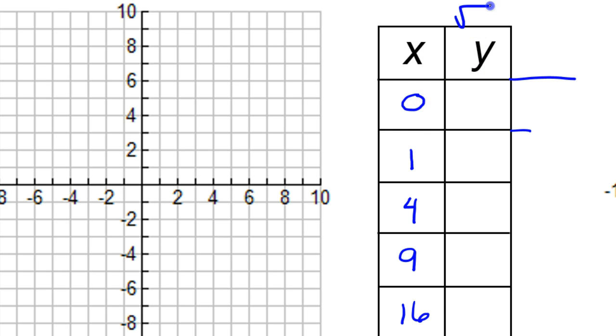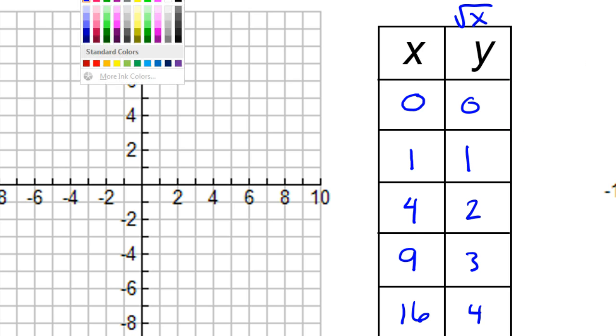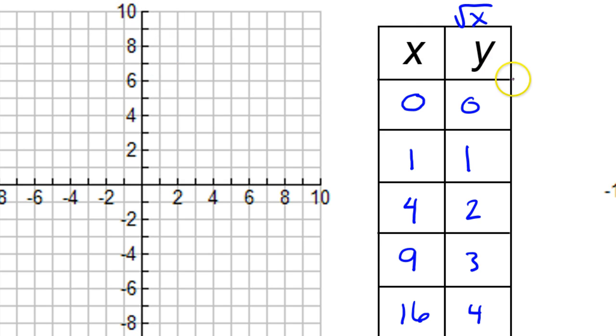So doing the square root of our x values, we get 0, 1, 2, 3, and 4. So let's start with that. So now we're going to make our new y column, and I will just extend these lines to make my new y column.